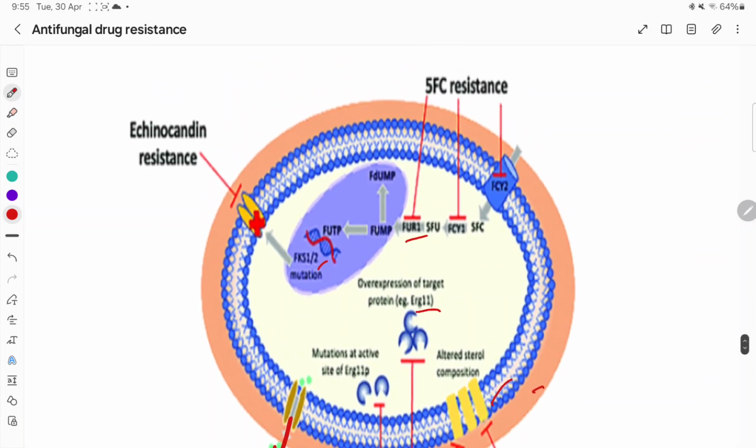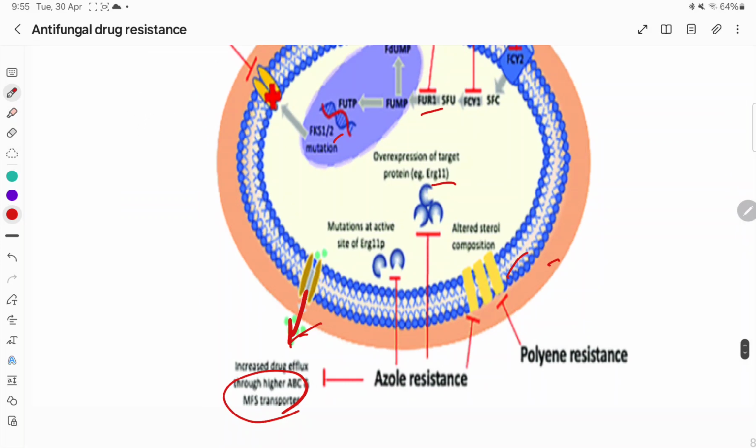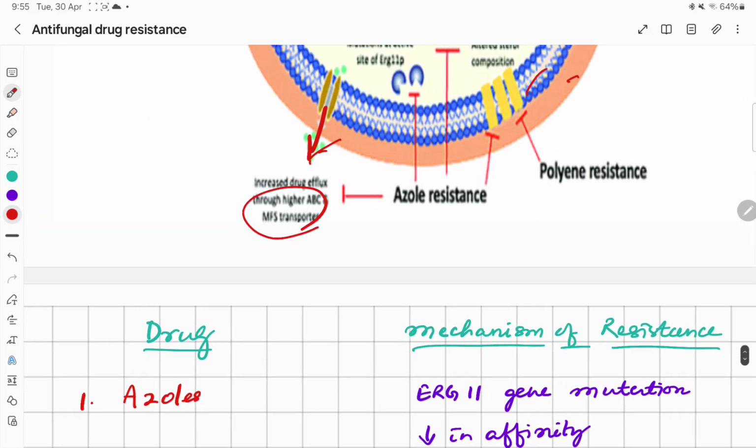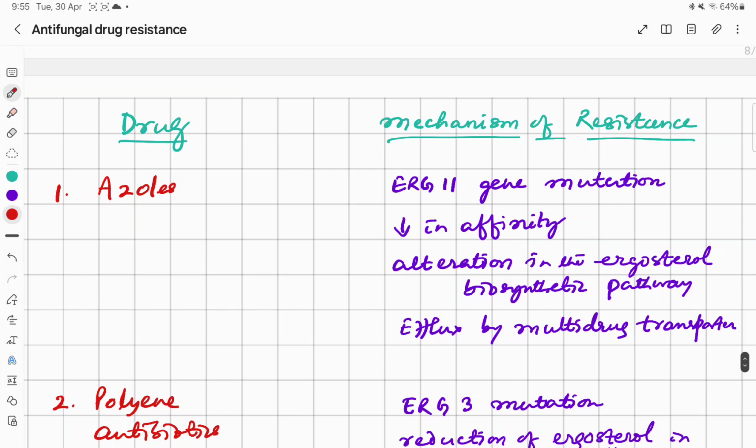And there can be alteration in the enzymes for the resistance of 5-flucytosine. So this is all about the resistance, and we can summarize them.